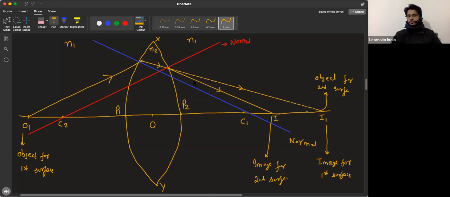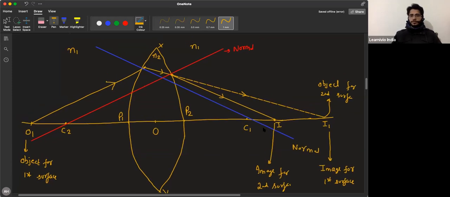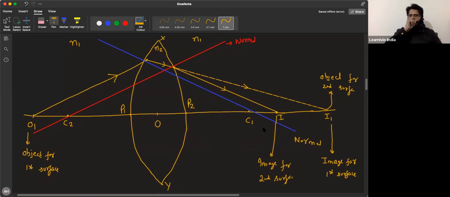So for the second surface, this I1 is the object and this I is the image. That's it. Draw this ray diagram, then we will do the calculations.